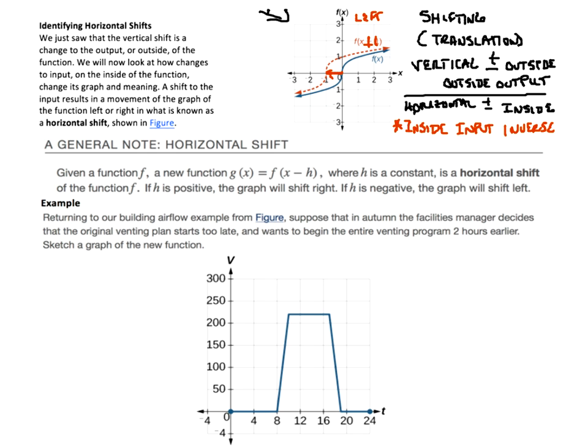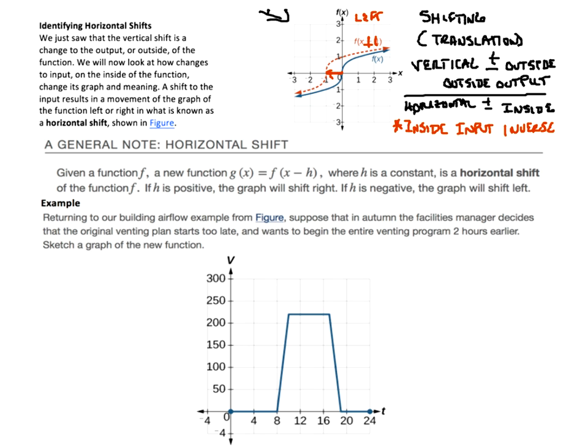Okay, so a general note, horizontal shift. We have x minus h. Notice it's happening on the inside of the function. So before you actually take the cube root, you're shifting the input. H is a constant, a horizontal shift of the function.